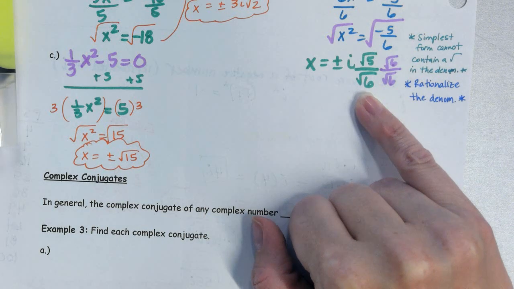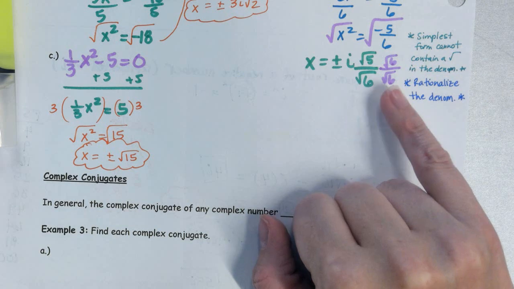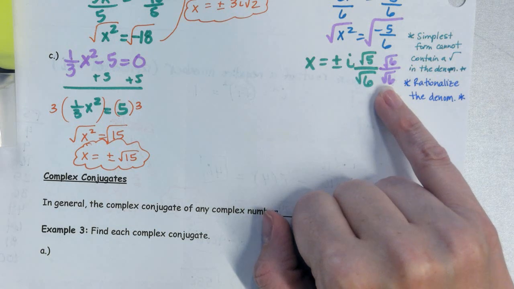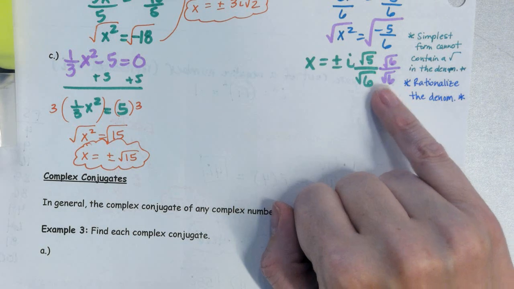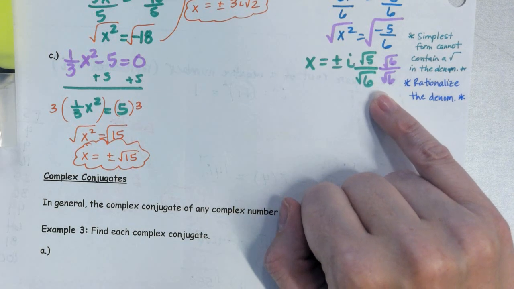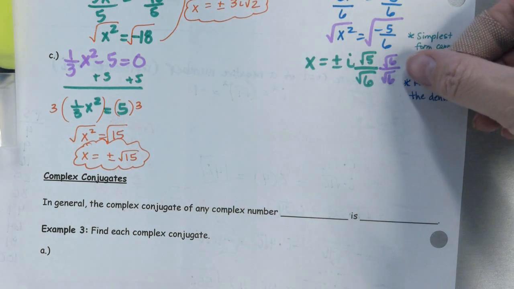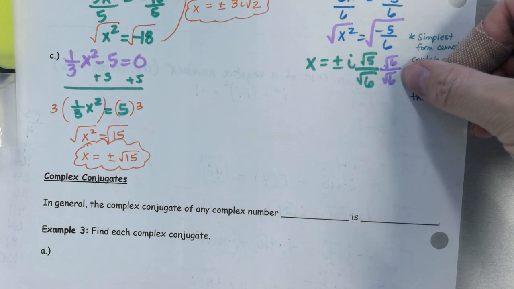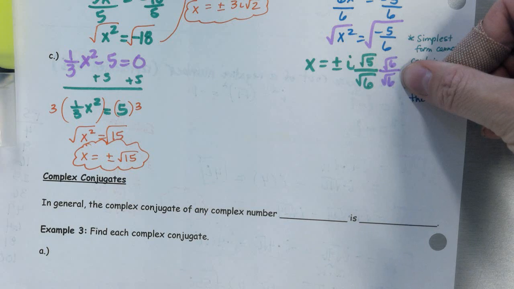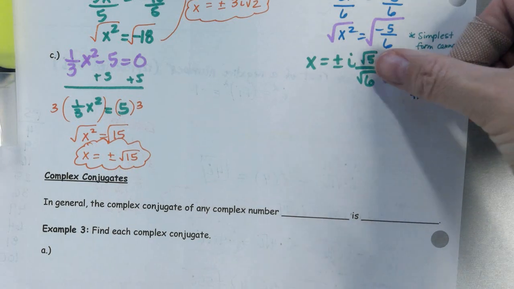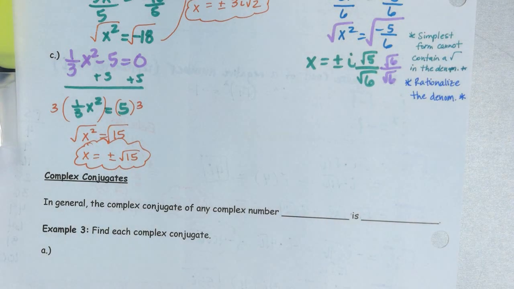Okay, so the reason why we do that is all based on what we have on the bottom. Whatever you have in the denominator, you multiply that number over itself. The reason why we have to do it to the top and the bottom is I can't just multiply anything I want to. But really, when I multiply root 6 over root 6, what's root 6 divided by root 6? 1. So if I multiply anything by 1, does that change the value?